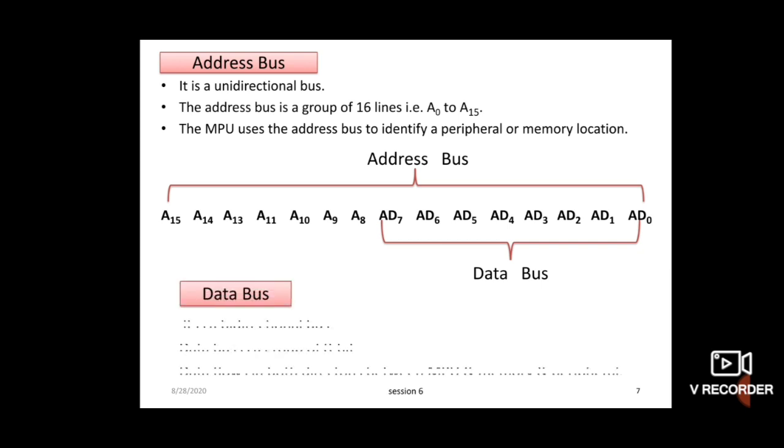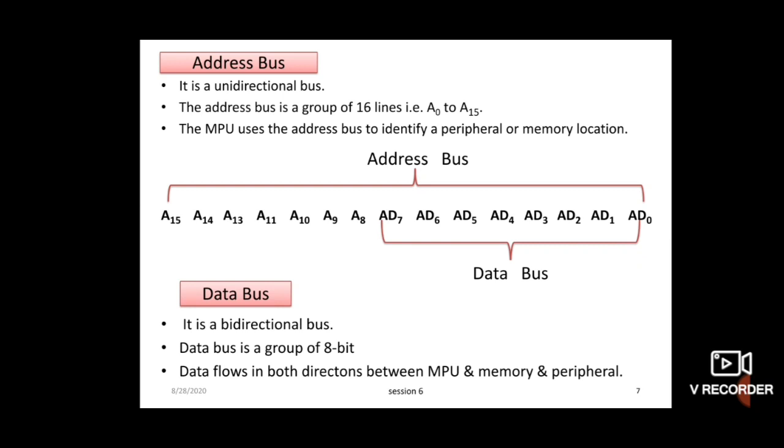Data bus is a bidirectional bus, and it is 8 bit. See in the above diagram, AD0, D0, D1, D2, D3, D4, D5, D6, D7. That is the 8 bit data bus, and the address is 16 lines, A0 to A15. So address bus is unidirectional, data bus is bidirectional, meaning data flows in both directions between microprocessor and memory and peripheral devices, or peripheral to memory or microprocessor.